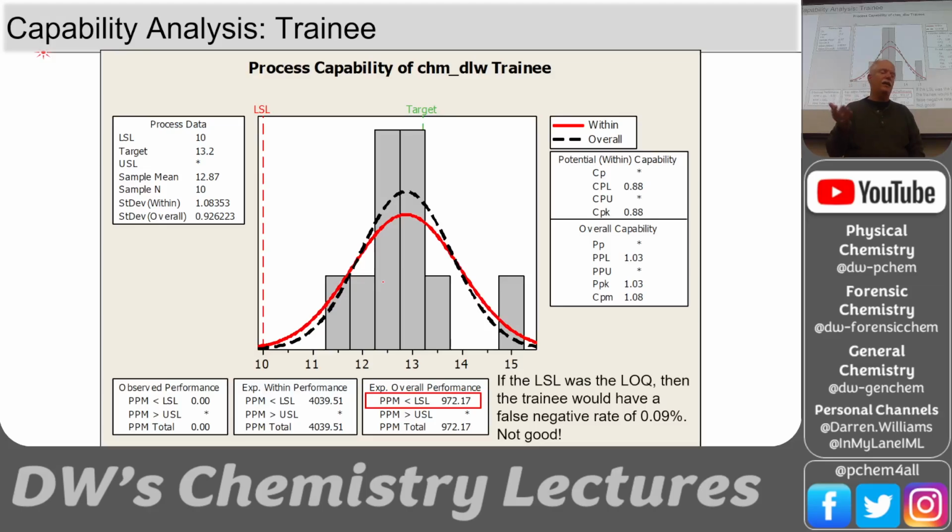I think it was 13.1 was the accepted value for the cocaine that they were each given. And let's say that our specification value was, if it's below 10, it's just contamination. If it's above 10, it's a criminal charge. So 10% would be our specification limit.